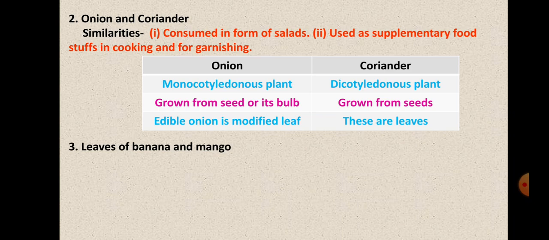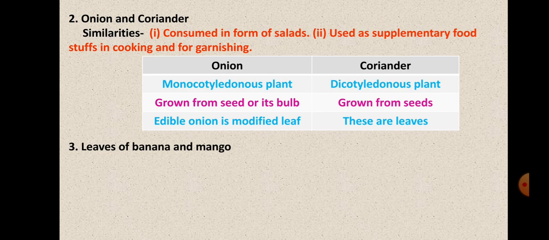Onion is grown from seed or its bulb. Coriander is grown from seeds. In onion the bulb is edible and its leaf is modified, and in coriander, it is the leaves themselves which are eaten.